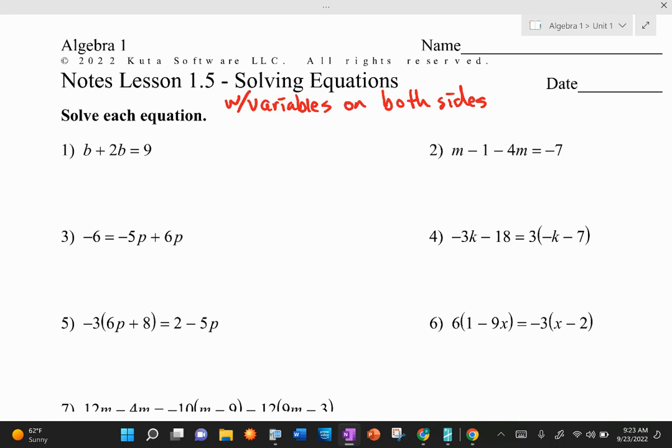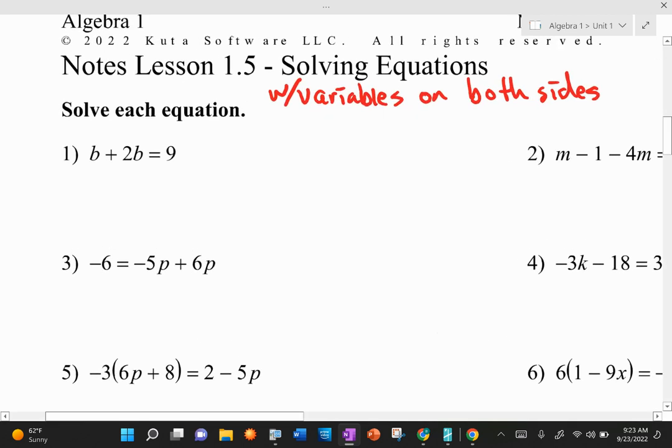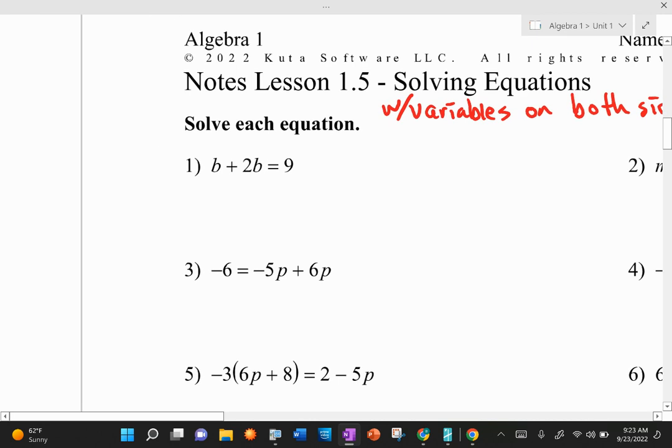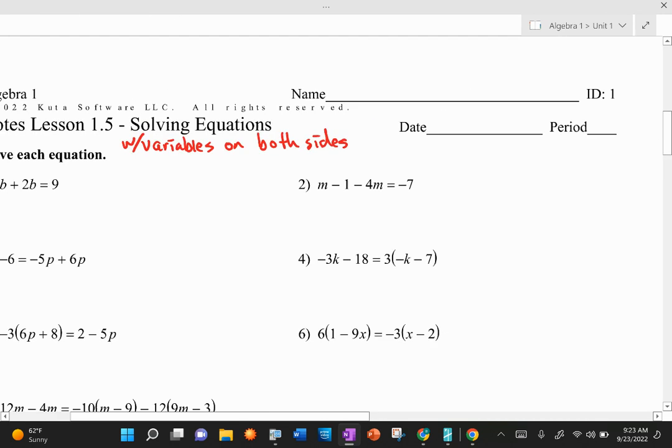Okay. So this first problem doesn't have variables on both sides, but it's a good one to start with. Our first process when we're solving equations, I'm going to go to the side a little bit.